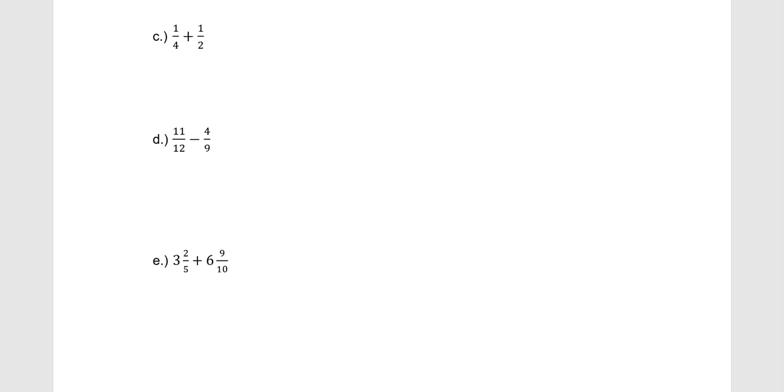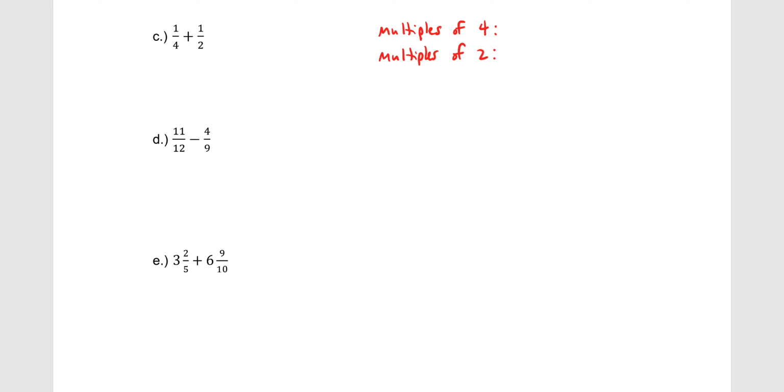Next one, we have 1/4 plus 1/2. So this time we do not have common denominators, so we have to get common denominators. So we have to find the least common multiple of 4 and 2. So we can write that out if we want.